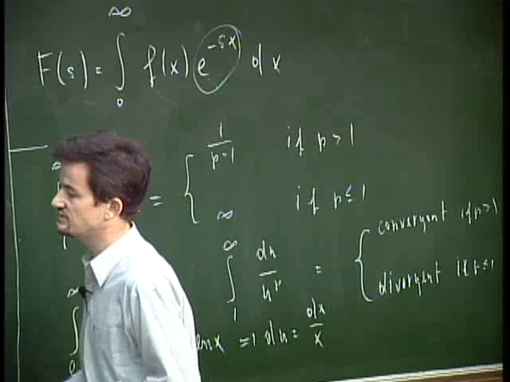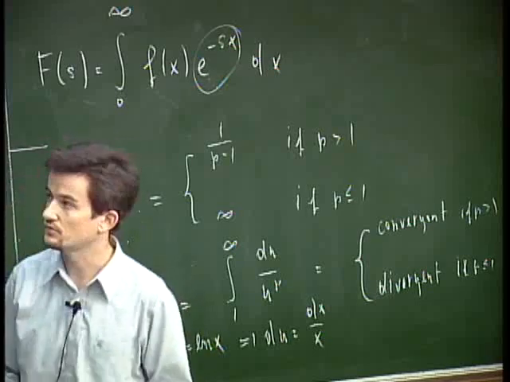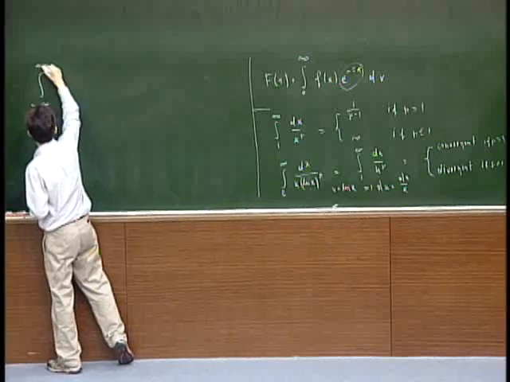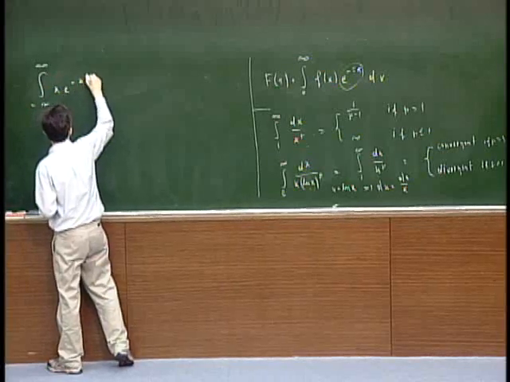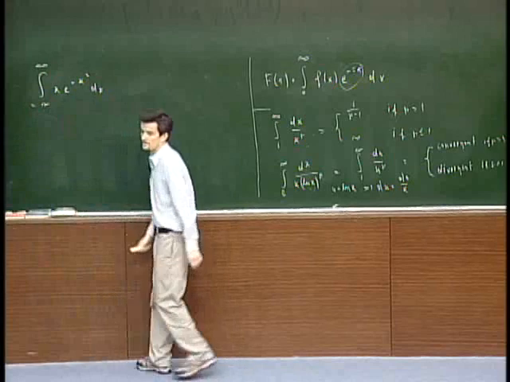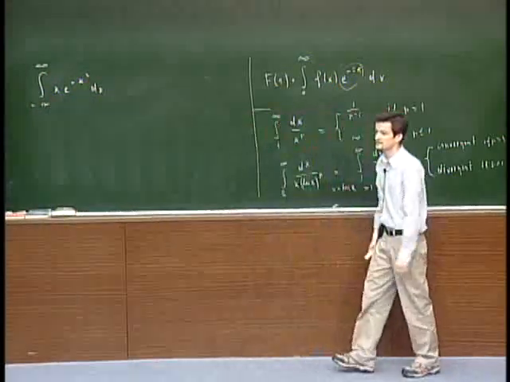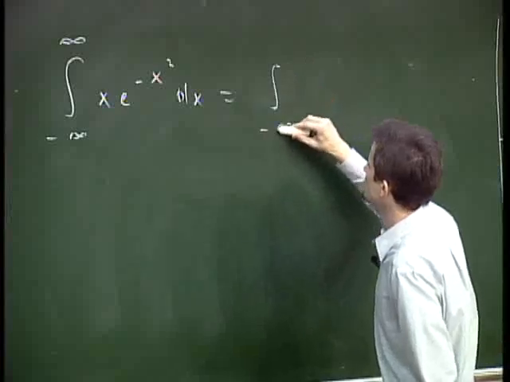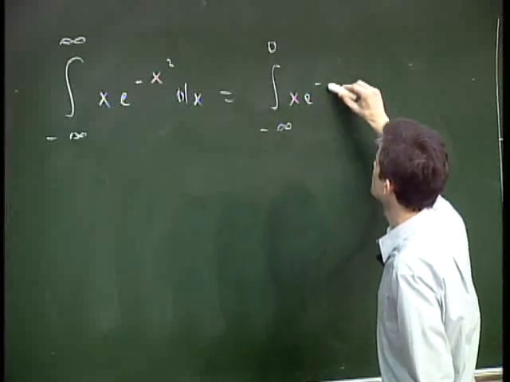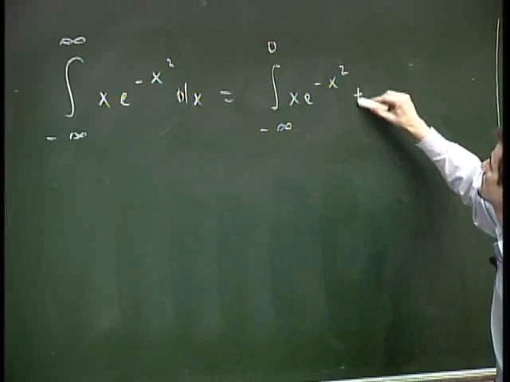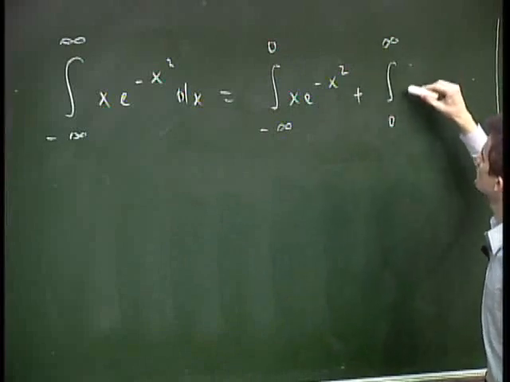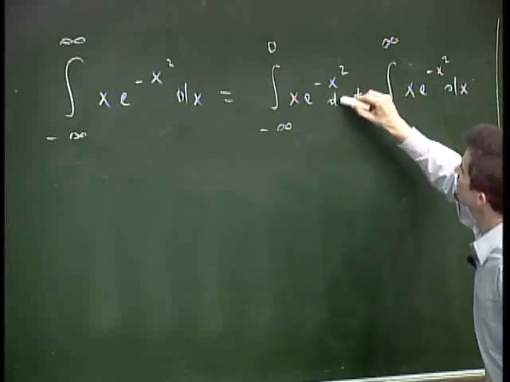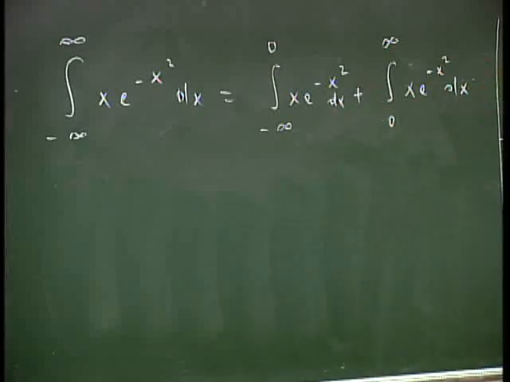Now, another interesting example, maybe to emphasize, is the integral from minus infinity to infinity of x e to the minus x squared dx. If we have something like this, by definition we have to split it into two, and we have to discuss those two pieces separately.